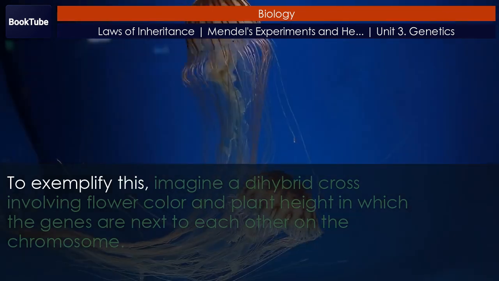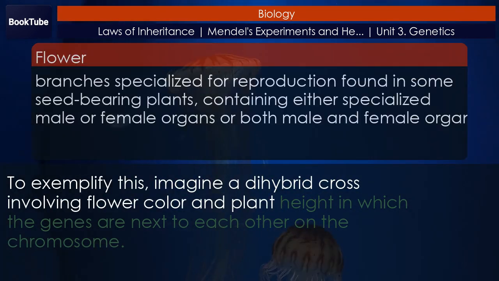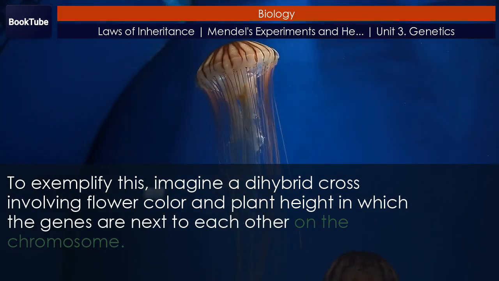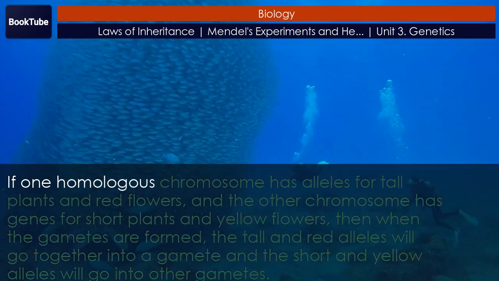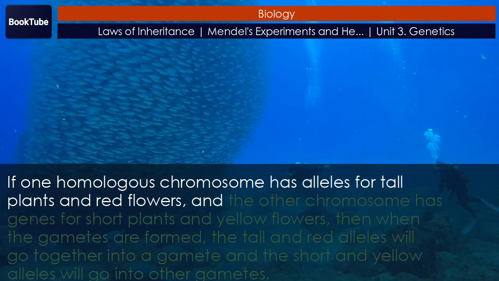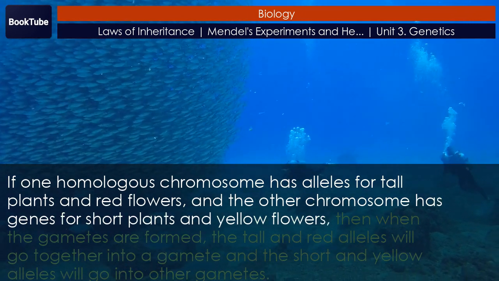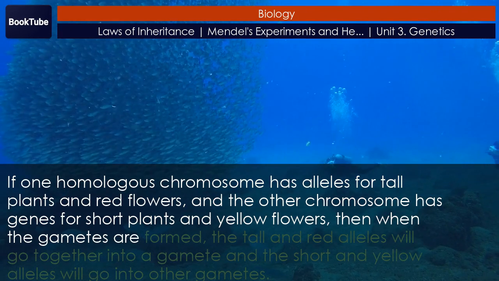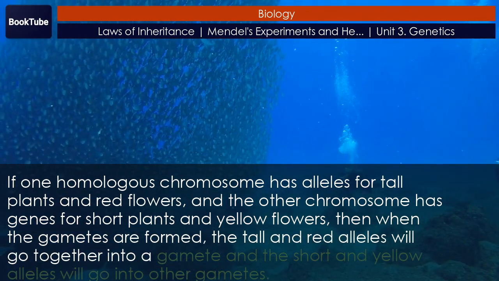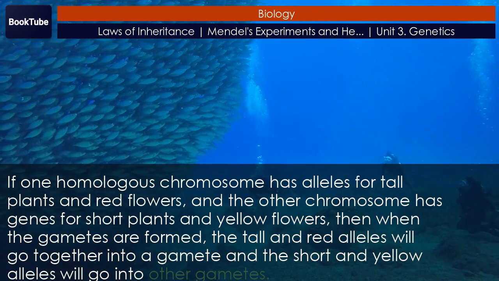To exemplify this, imagine a dihybrid cross involving flower color and plant height in which the genes are next to each other on the chromosome. If one homologous chromosome has alleles for tall plants and red flowers, and the other chromosome has genes for short plants and yellow flowers, then when the gametes are formed, the tall and red alleles will go together into a gamete and the short and yellow alleles will go into other gametes.